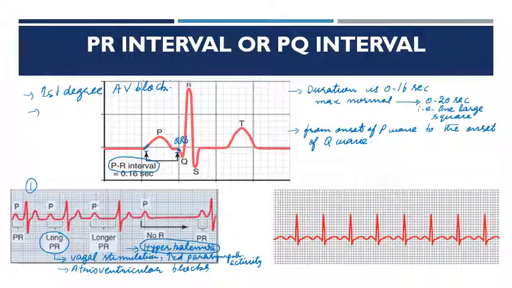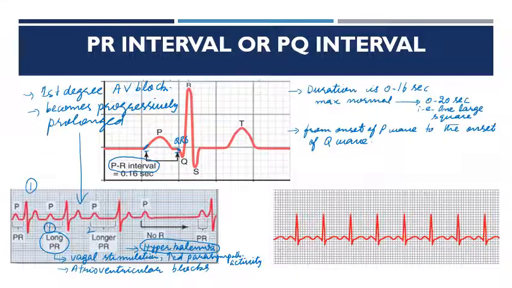If the PR interval becomes progressively prolonged, as is shown in this diagram, that first it becomes long, then it becomes longer, then there is missing of R wave, means there is missing of beat, and that condition is labeled as second degree heart block or atrioventricular block.